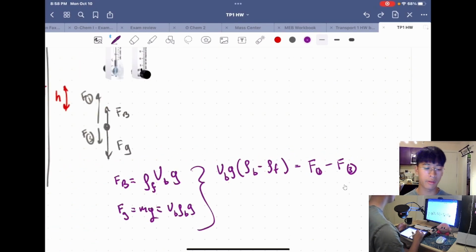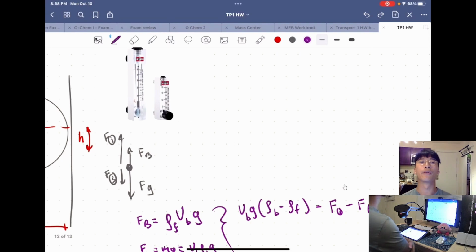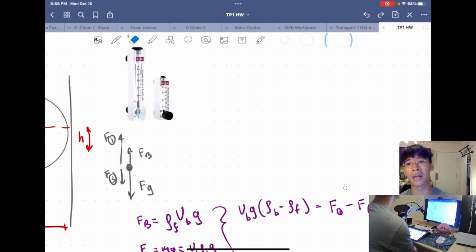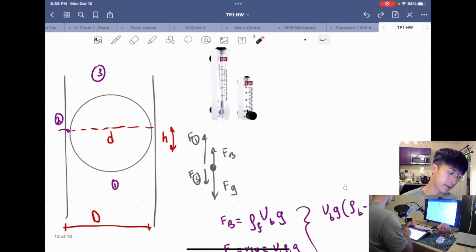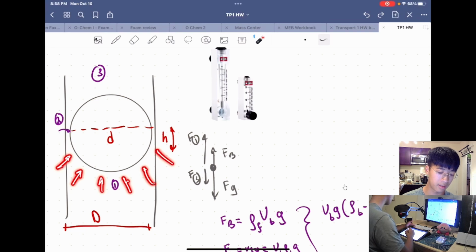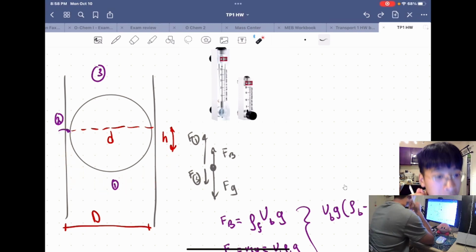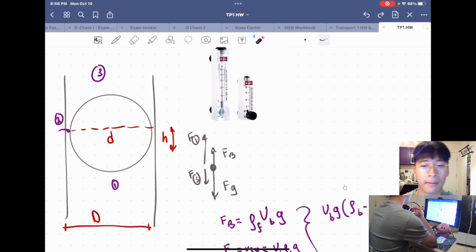So how do you know the pressure force? The pressure force is pressure multiplied by area. You also know that the pressure force is always directed perpendicular to the surface of contact. So you might think, oh man, I'm going to have to do an integral with a sphere now.